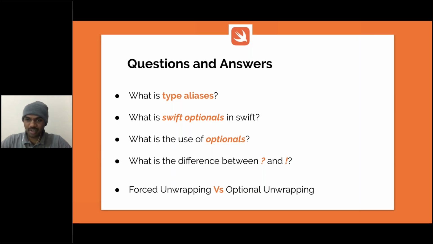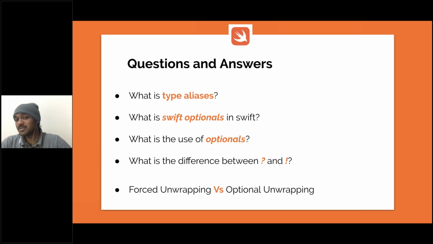That means if it is optional, whenever you don't want to use that variable, simply you can assign nil, then automatically memory is going to be deallocated for that variable. And the second one is that sometimes the data I'm getting from the cloud server may exist, may not exist. In that particular case, I have to use optionals.